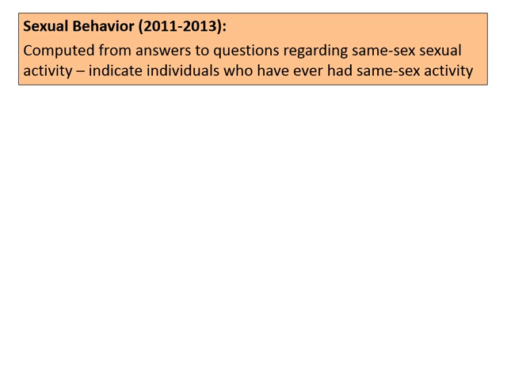NSFG also asks, or infers from other answers, a question on sexual behavior. They ask questions about how many men you've had sex with, how many women you've had sex with. Actually, they come before the sexual orientation questions. And so you can infer if an individual says that they have had sex with a male or with a female, or a person of the same gender, then they infer this question of sexual behavior.